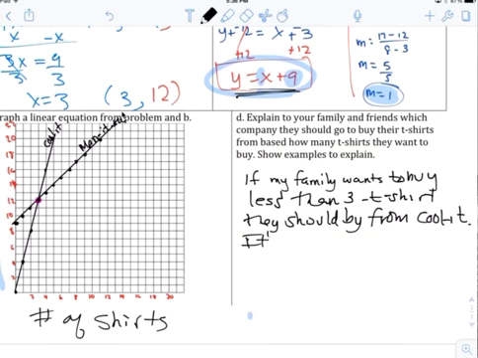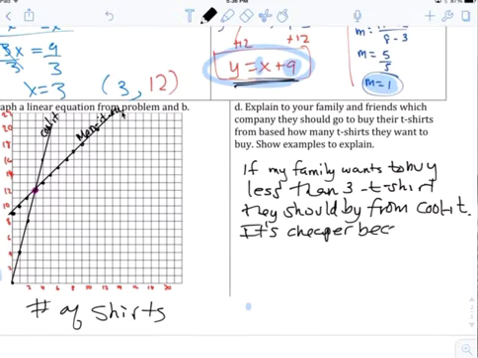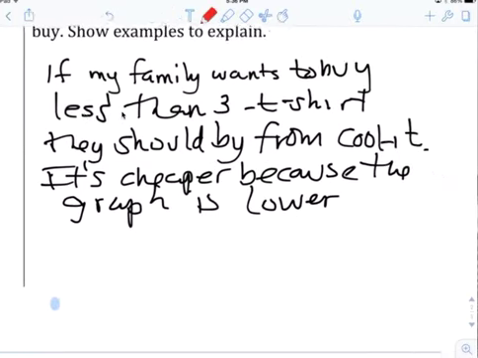It's cheaper because the graph is lower. If they want to buy 3 t-shirts, it doesn't matter who they buy from. They both charge $12.